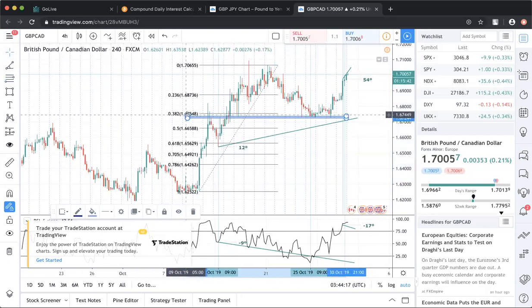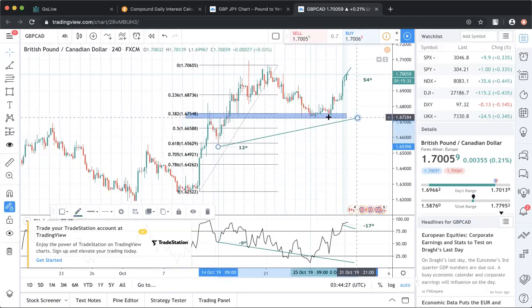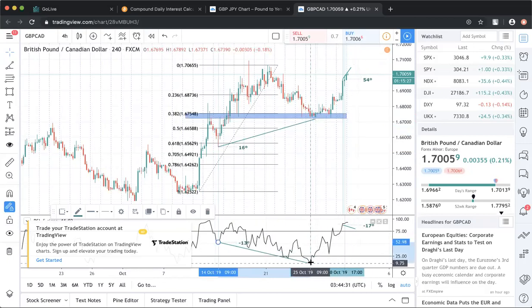So 38.2 is a major reversal level. So 38.2 price with the divergence, you've got bullish divergence, you've got a big rejection area. Price doesn't like to be in this zone. Now you've got 3 confirmations to enter this trade.